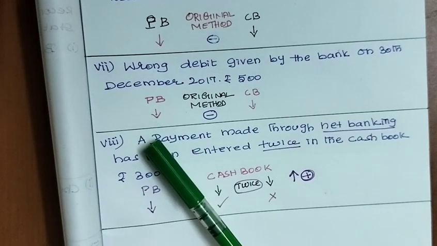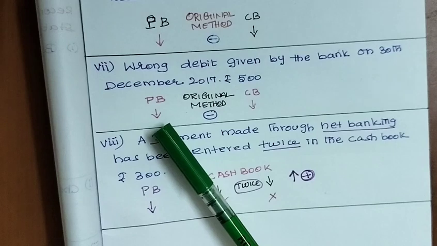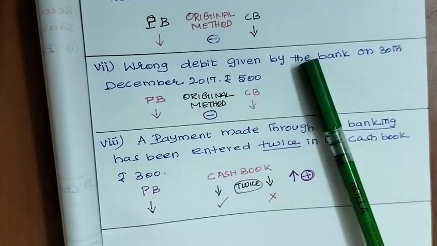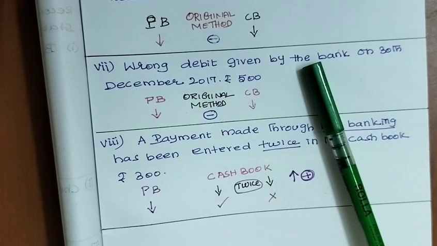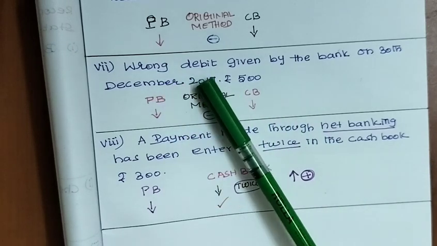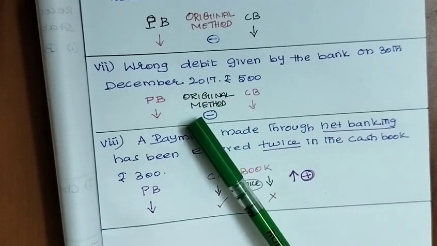Okay, so we have to... listen here, after receiving the bank statement only, it comes to the customer's knowledge that the bank wrongly debited 500 rupees from its customer account.